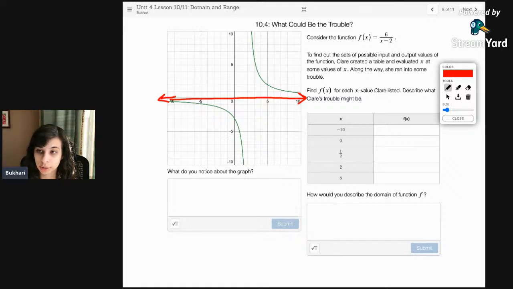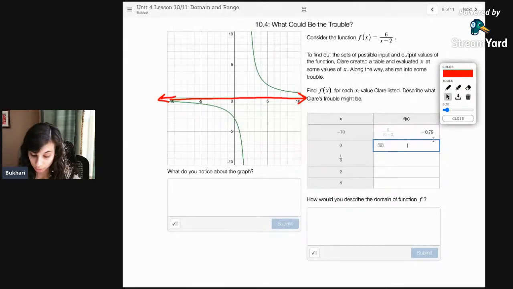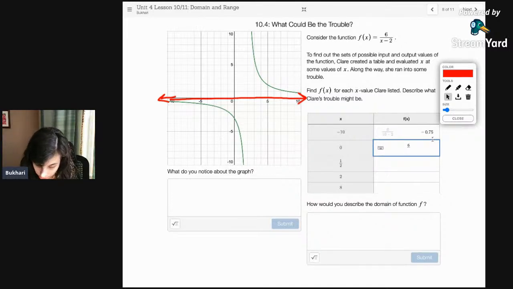At each point, you can look at the graph, or you can substitute in those values, right? If I want to do 6 divided by, replacing our x, 10 minus 2, this will give me 0.75. I can also substitute that value in to get my output, and this gives me 0 minus 2. This gives me a value of -3, and try each of these values and see what is happening.